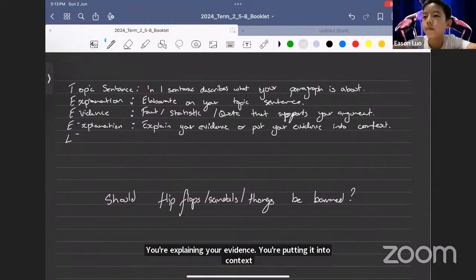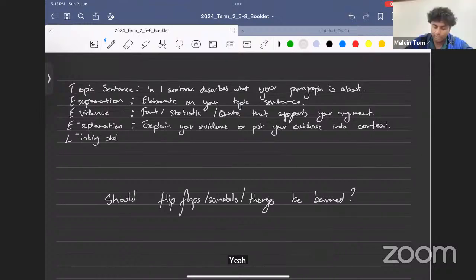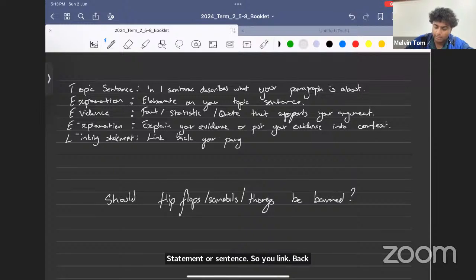Yeah. And finally, a linking statement or sentence. So you link your paragraph back to the main idea.